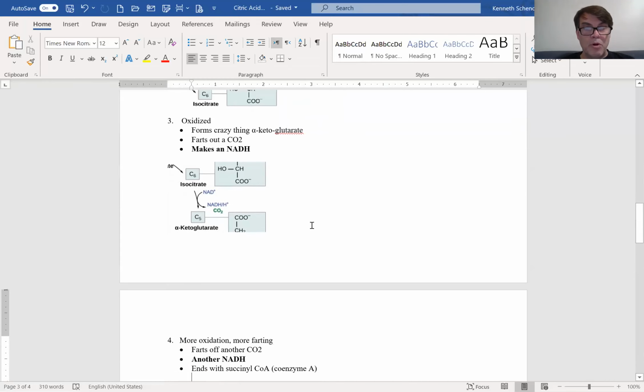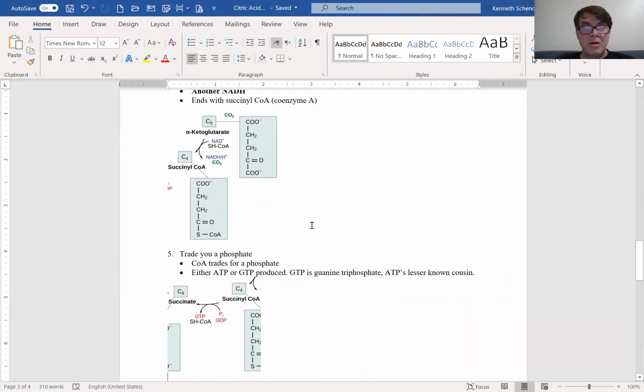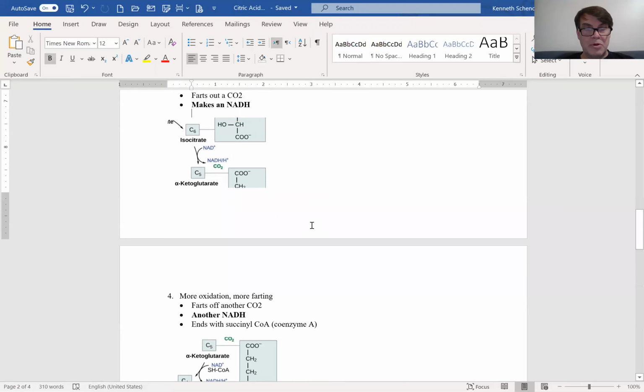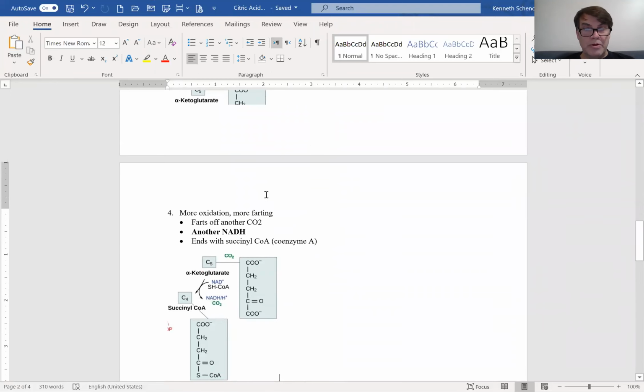Okay, step 4, more oxidation, more CO2 lost. So in step 4, we're going to lose another CO2. See, CO2. We're going to make another NADH. There's our second NADH. And it goes from this alpha keto, the keto diet's just crazy.